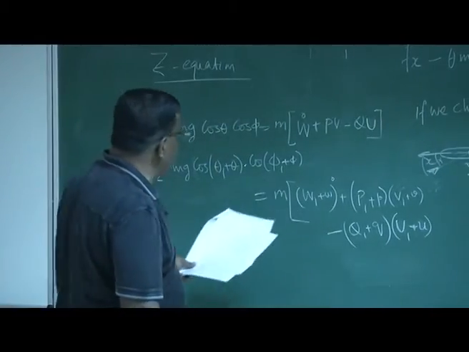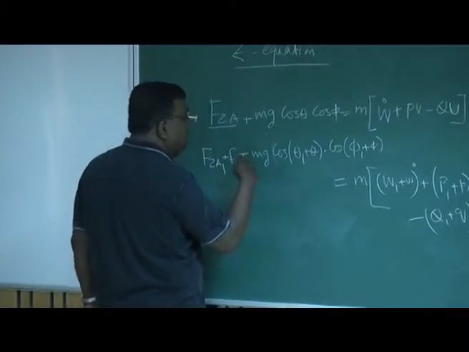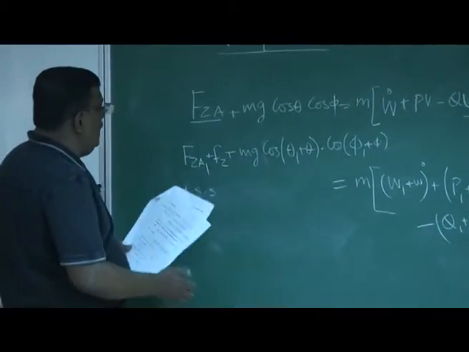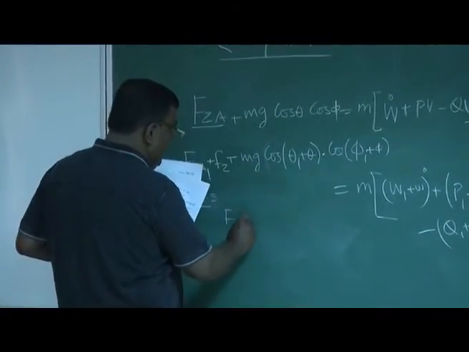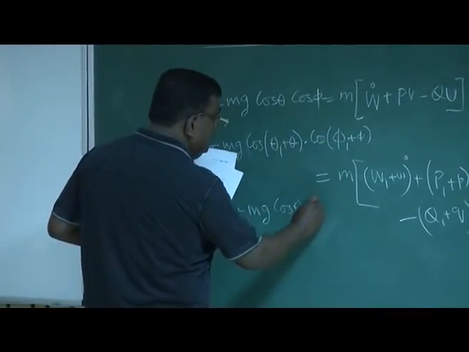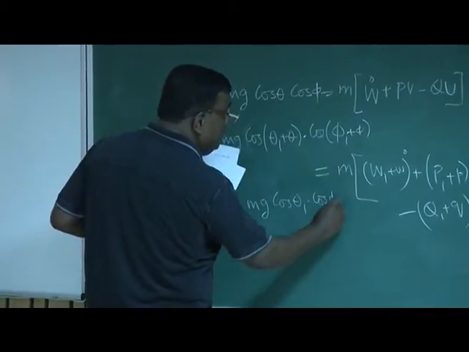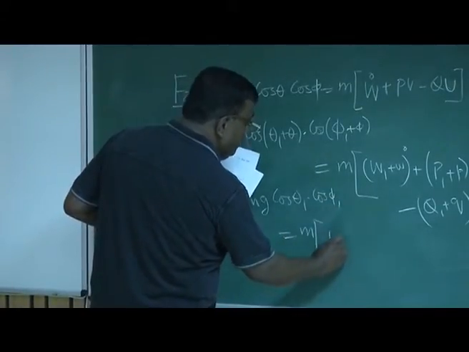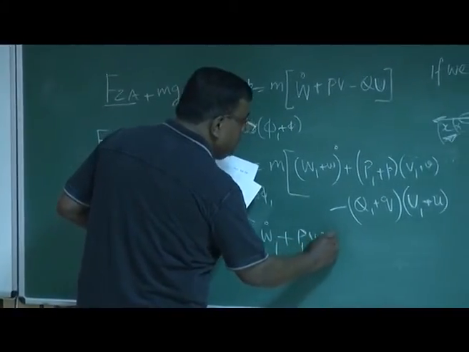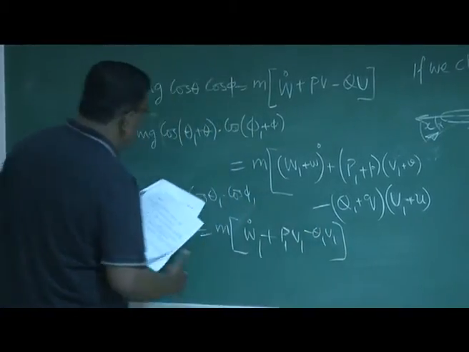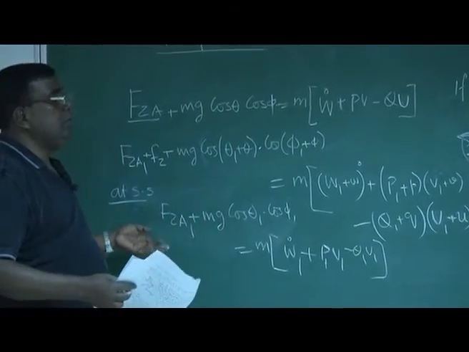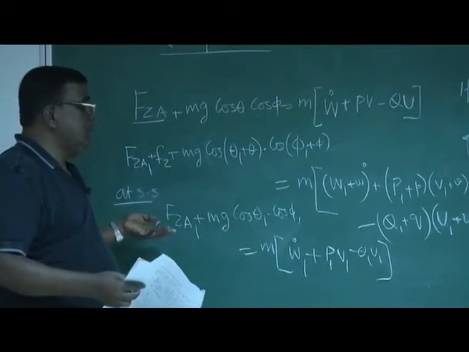We have introduced perturbed quantities. As we did last time, at steady state, F_z_A1 plus mg cos theta 1 cos phi 1 was equal to m (w1 dot plus p1 v1 minus q1 u1). So use this, expand, and neglect the product of two small or perturbed quantities.